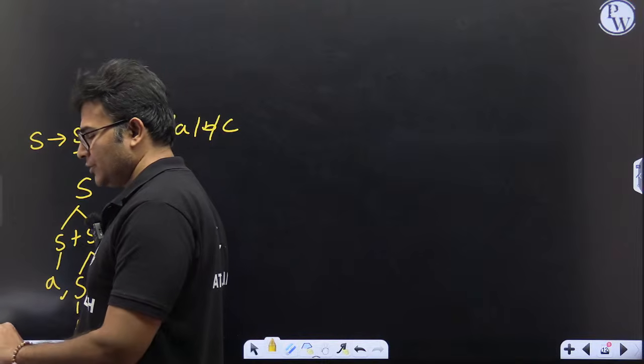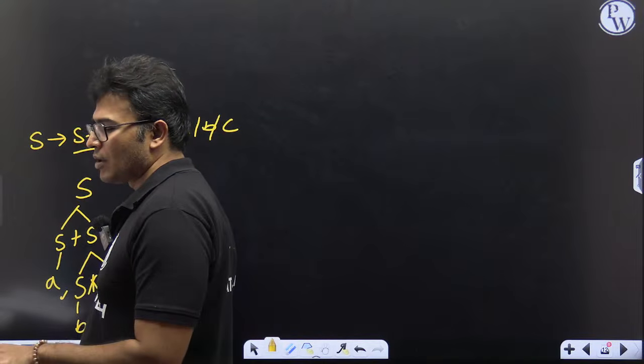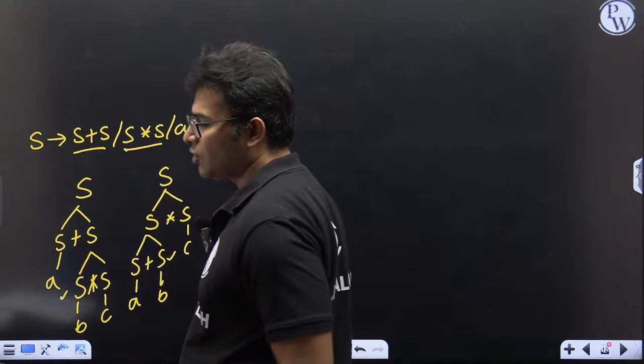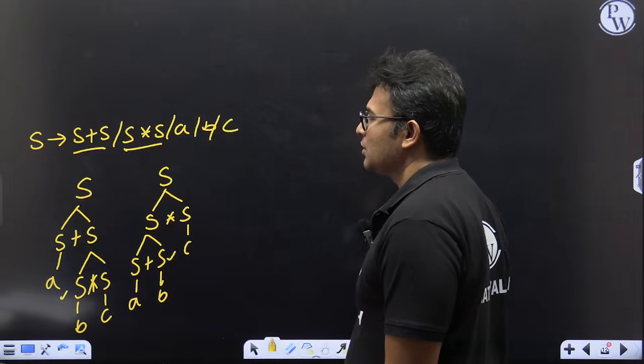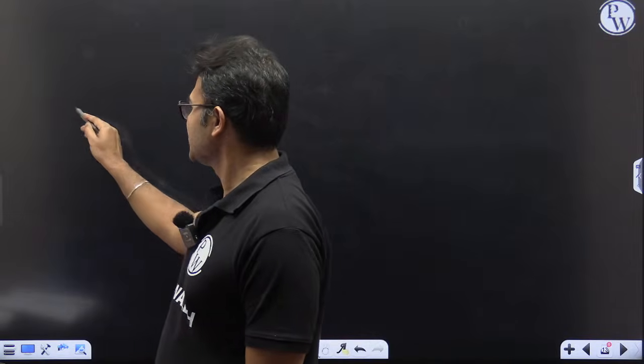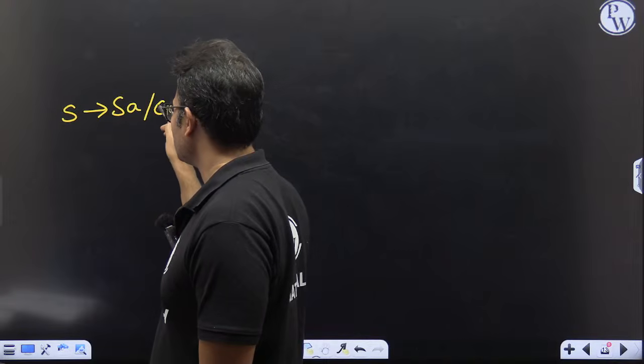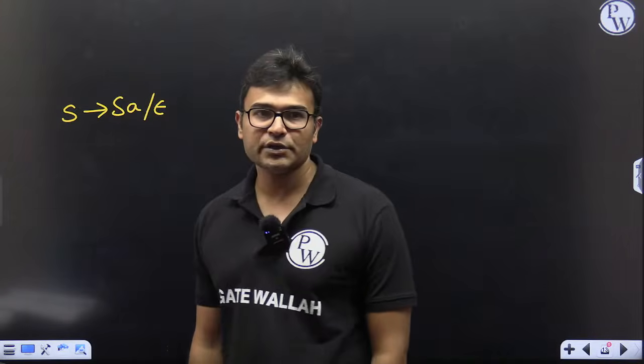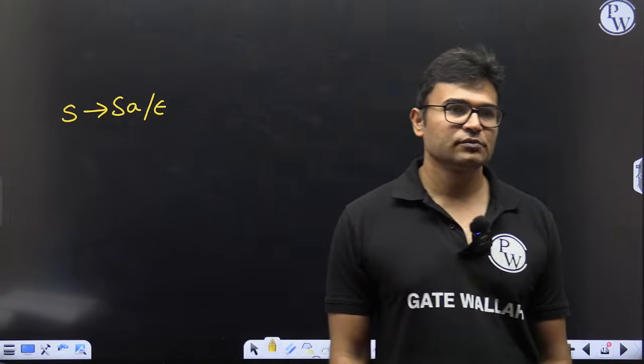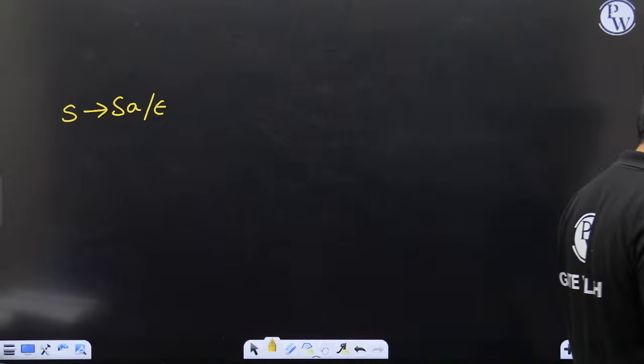So left recursion and left factoring may lead to ambiguity, but not always, right? For example, tell me whether this language is ambiguous or not. There is left recursion here. S derives SA or epsilon.